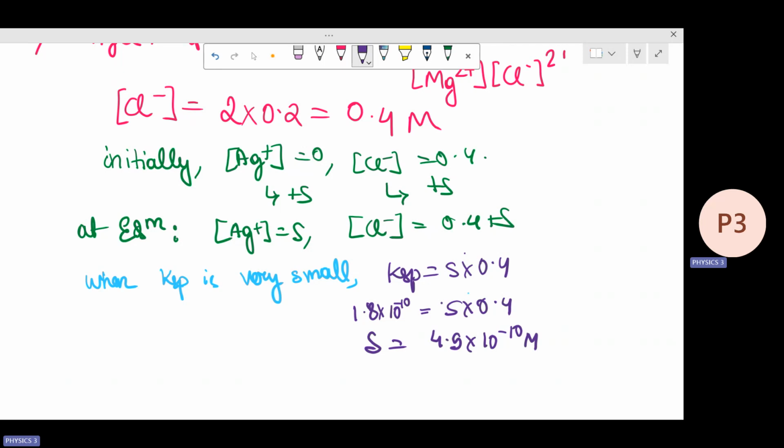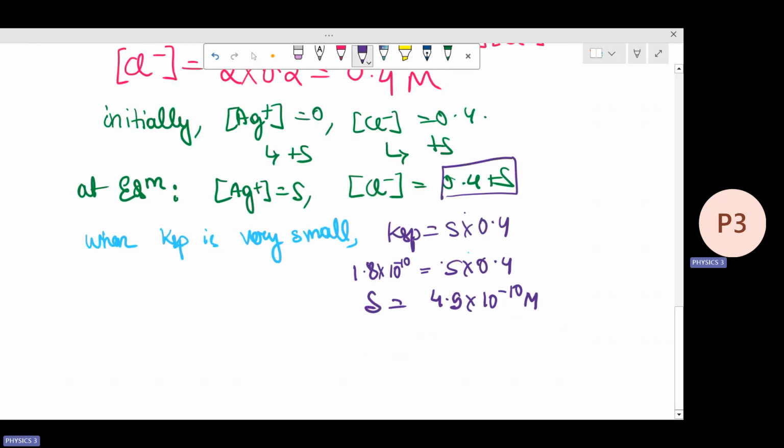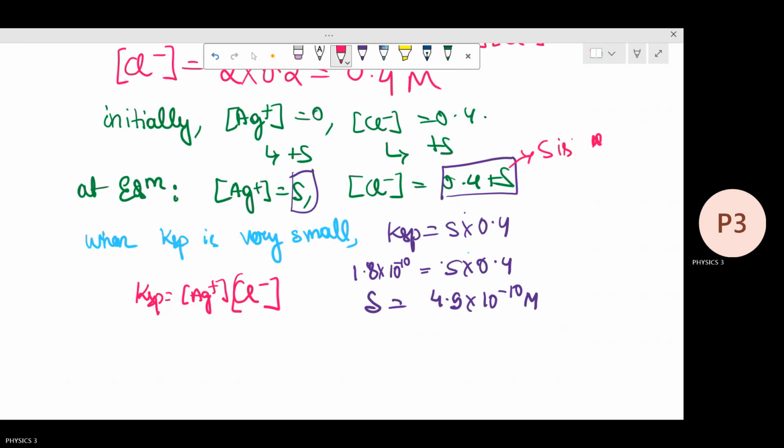We are finding Ksp multiplied by S. In case of Cl, it is 0.4 plus S. In case of Ag, it is S. So what will be the Ksp? Ksp should have been Ag+ times Cl-. Now what I did over here, S is negligible. Again, it's not writing. Wait 1 second.